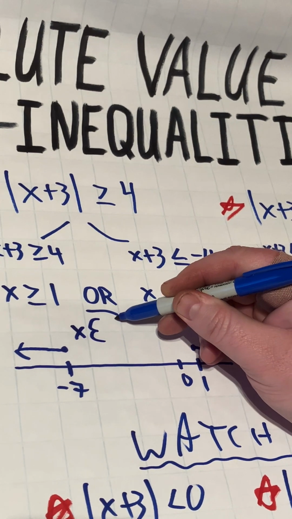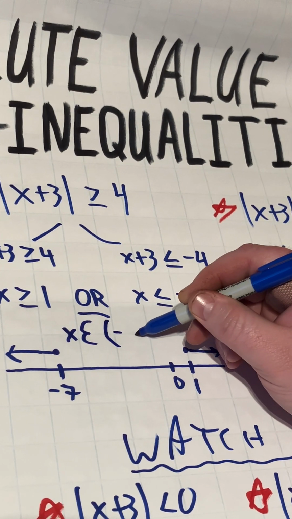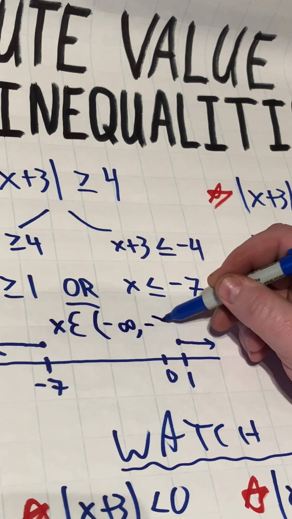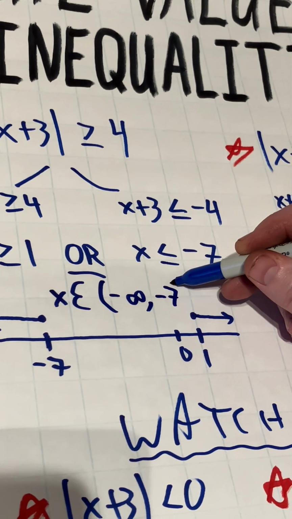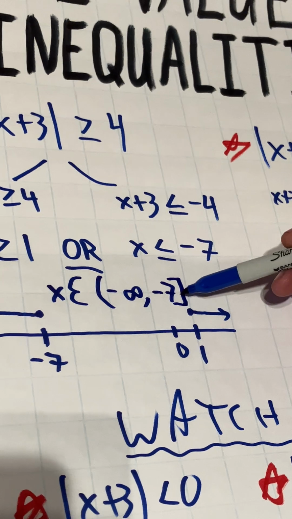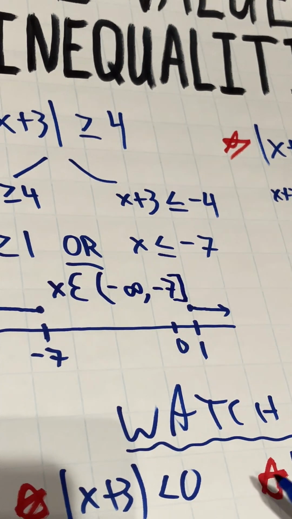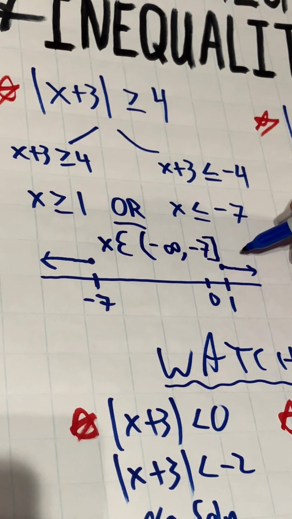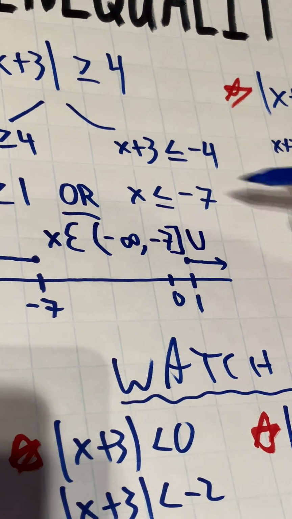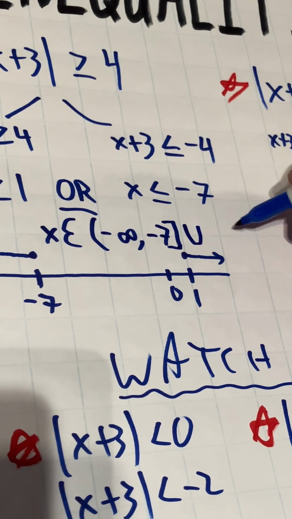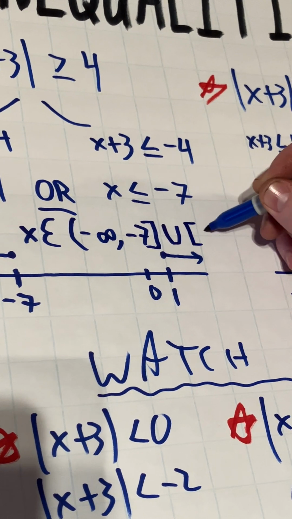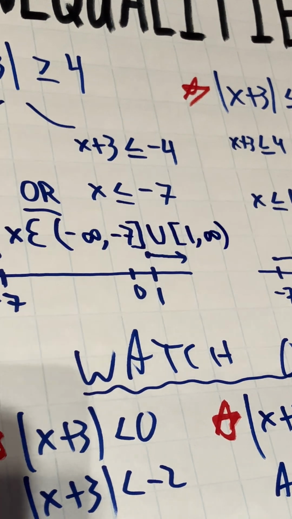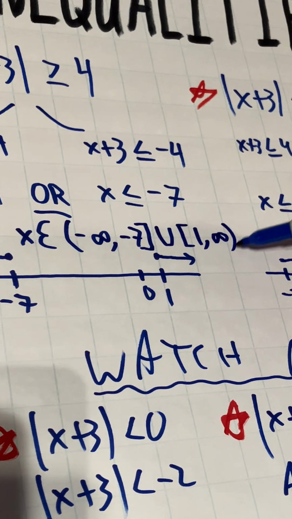They'll do something like this: negative infinity, comma, -7, and you put a bracket when you want to include the -7. So that's everything from negative infinity up to -7, or, and you do like a U shape, 1 to positive infinity. And the infinities always just get a soft bracket.